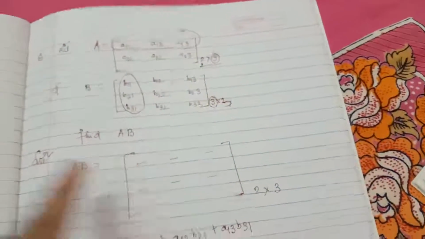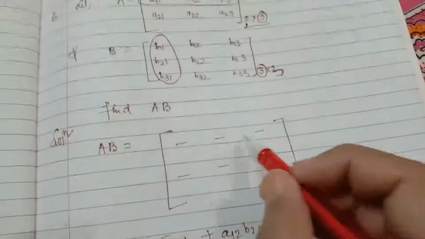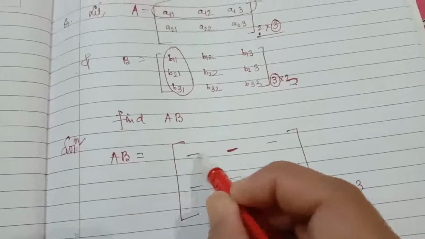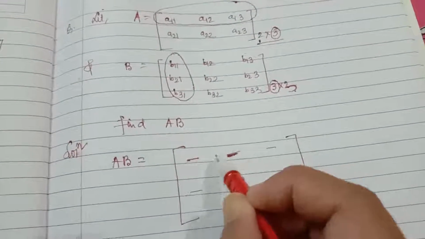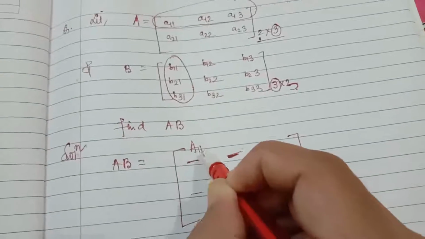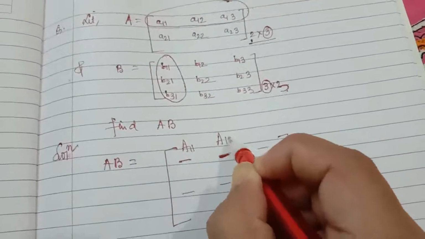Now this is the first row, second column element.